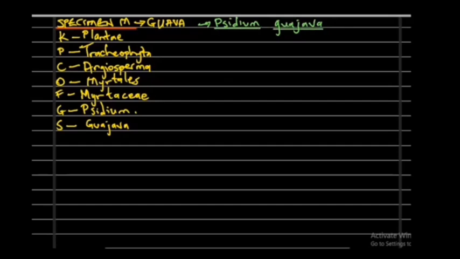All right. So what do we have to say about this particular organism? It has so many names that it is being called. So other names, it is called common guava, yellow guava, lemon guava.